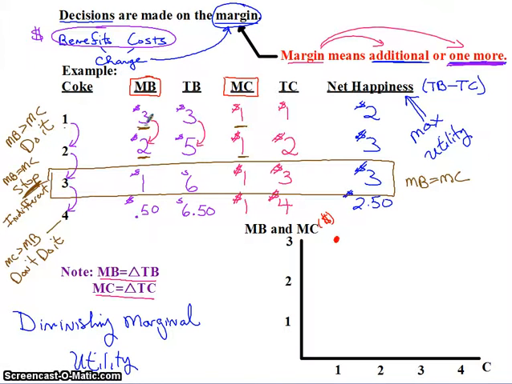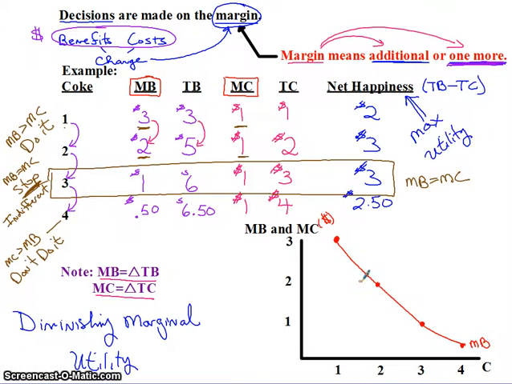Coke number 2, $2 of marginal benefit. So I graph that. Coke number 3 gave me $1 of marginal benefit, and Coke number 4, 50 cents of marginal benefit. And then we connect the dots.